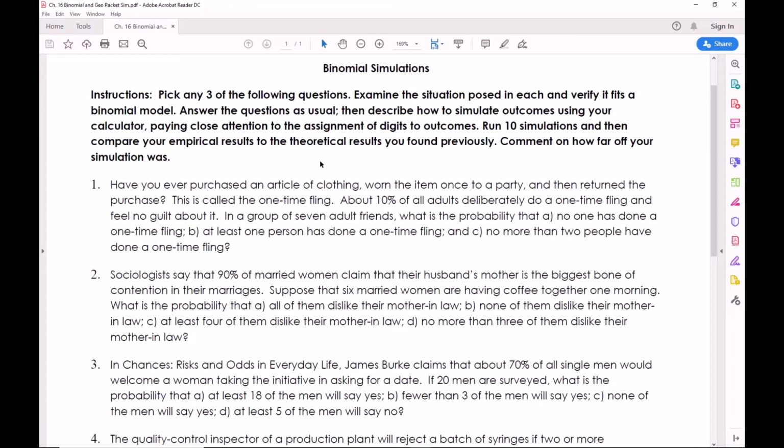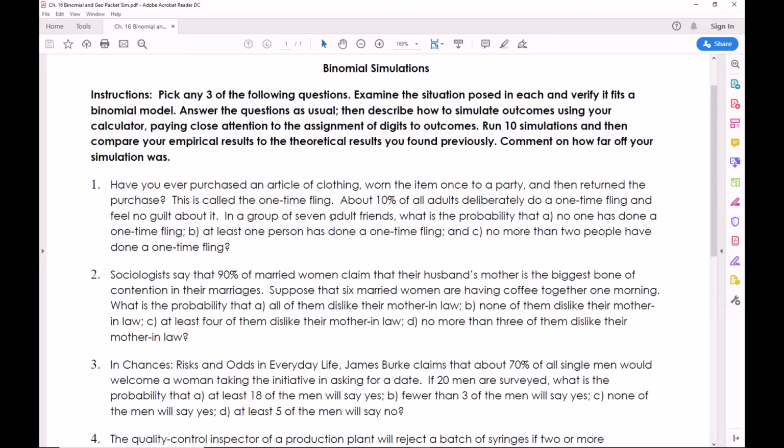Okay? So, the first one, one-time fling. Basically, this is when somebody buys clothes, wears them to a party, and then takes them off, folds them up, gets the sales receipt, walks them back to the store, and gets their money back. So, yeah, I guess people do that, and according to this, 10% of the adults do the one-time fling and don't feel guilty about it.